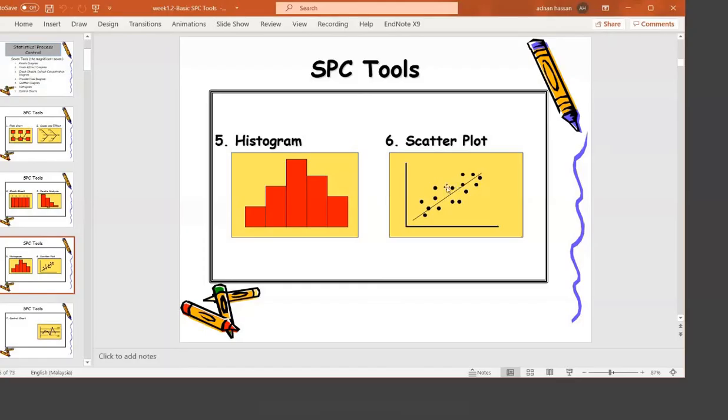Maybe the example is like this, but in the case of your data just now, everything is from the data that was given. So you may have a relationship something like this, for example. This is like y equals mx plus c.